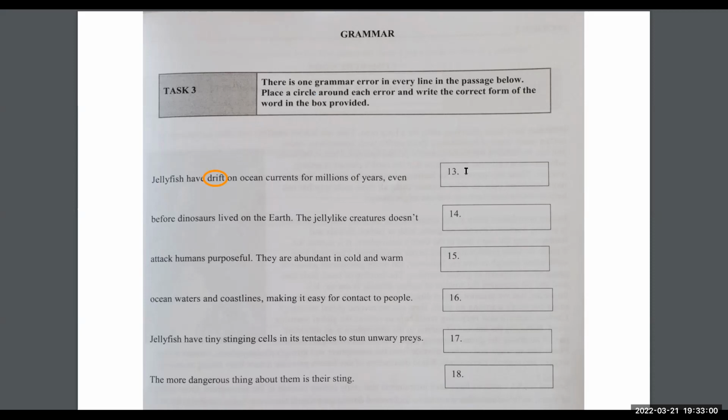So what should we replace drift with? Drifted. Right, beautiful. Sometimes your past participle is the same as your past tense if you have a regular verb like drift, but for some other verbs, it will be an entirely different word. Okay, good. So what about number 14?